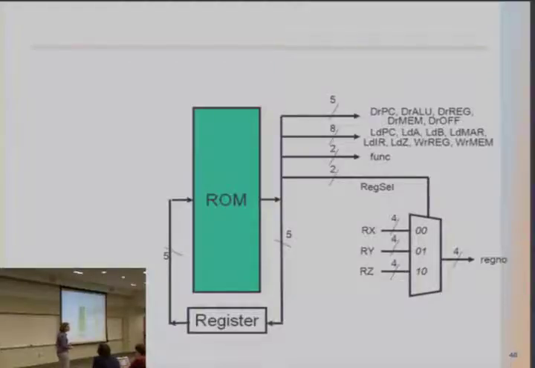Why does it make sense? There's no need to repeat those bits to the register number from the ROM. So it's a lot more logical to just use the 2 bits coming out of the multiplexer to choose which bits from the original instruction.